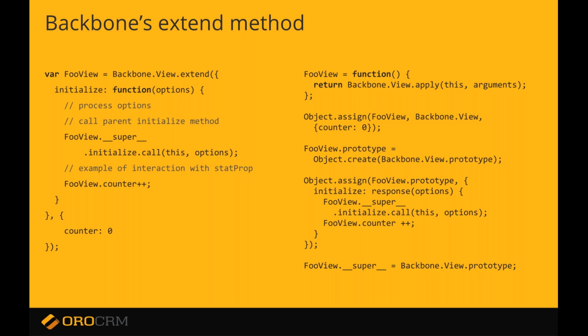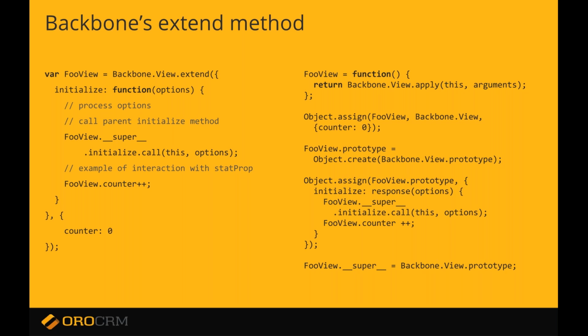After that, Backbone will merge all static properties into our new constructor. First, it will take all static properties of Backbone.View and then extend them with the static properties that we have passed into the extend method. This approach might be a bit controversial, but this is the way Backbone works.